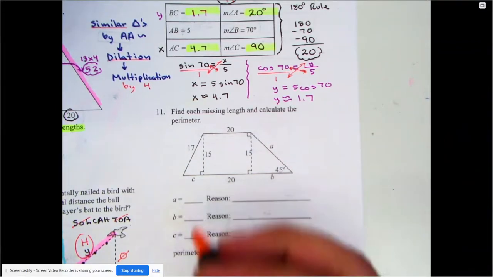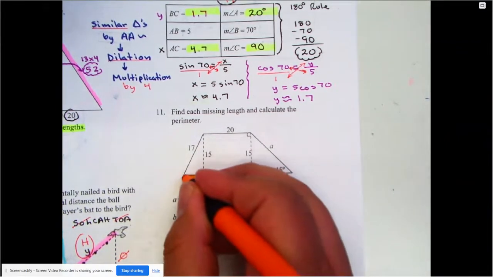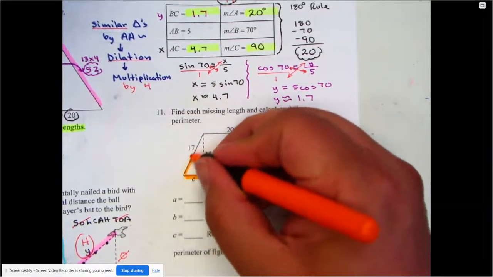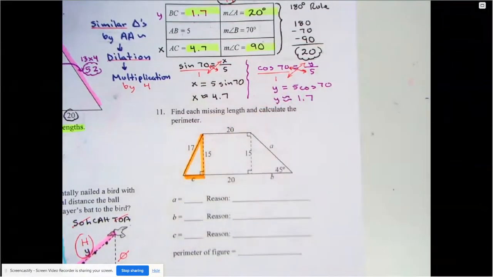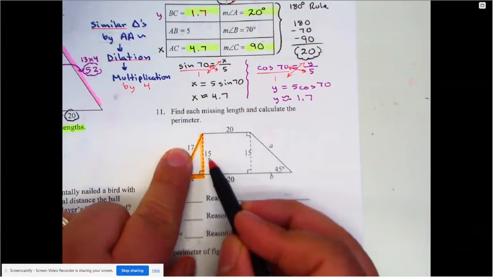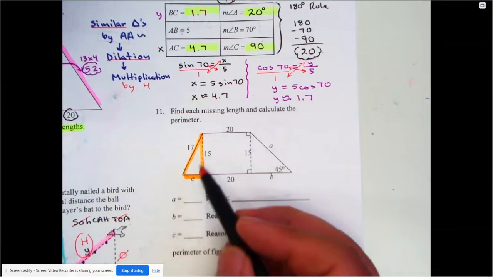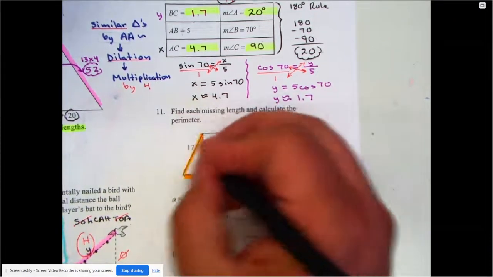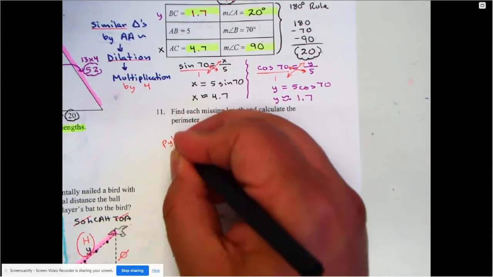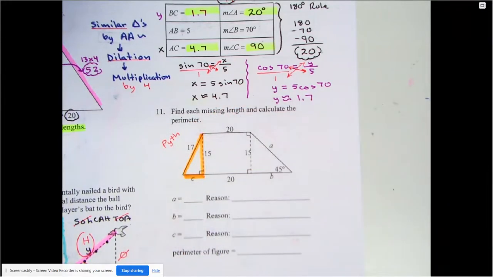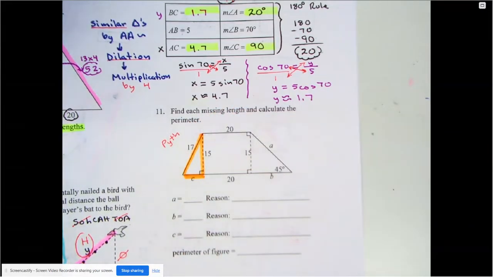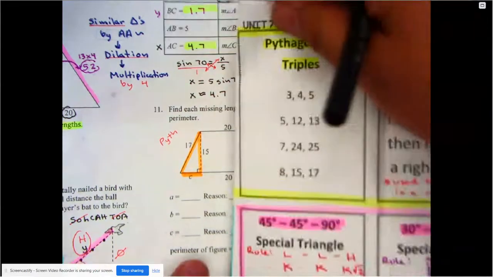All right, well, you know what? Let's start off with this one. The only reason I'm starting off here is because I can see a triangle right there. And not just that, they gave me two sides. If they're giving me two sides, that just means one thing. Pythagorean is available for this one. Now, let's hope it's a triple, because if it's a triple, I'm just going to save a bunch of time here.